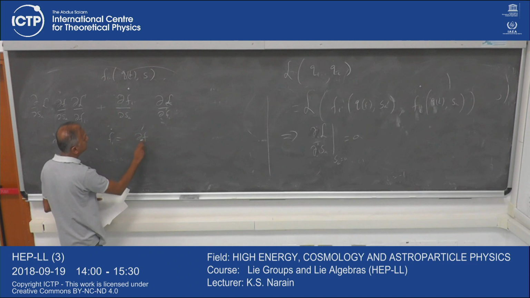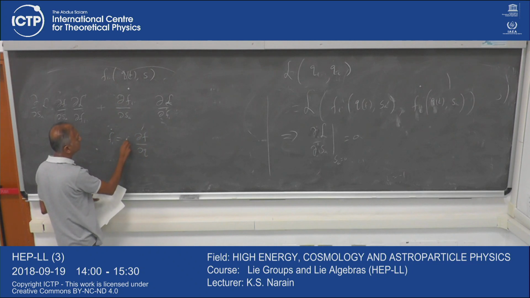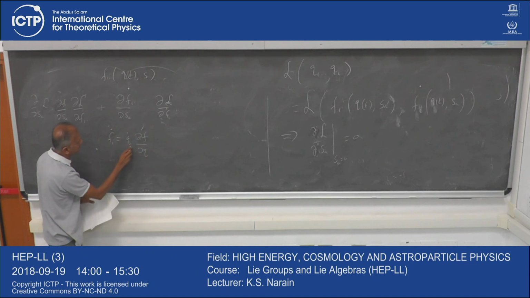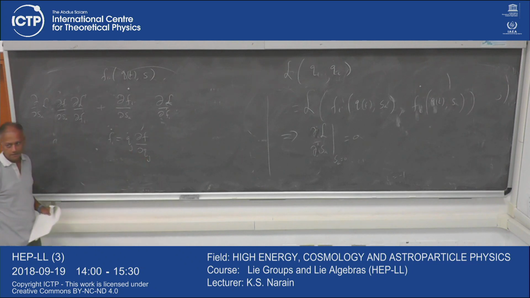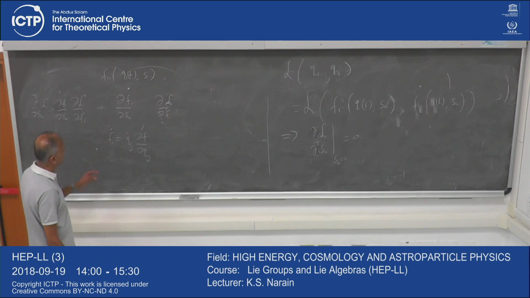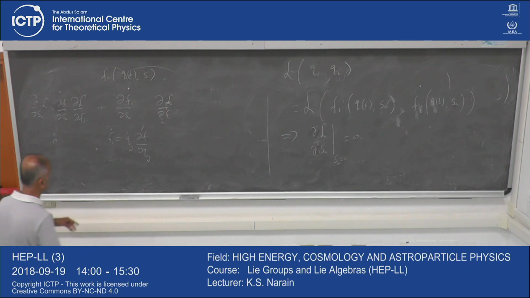It will be dF by dq_j times q_j dot, summed over j. But maybe I don't even have to do that; it's even simpler, so just leave it as it is.